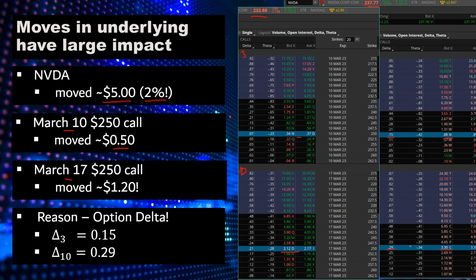So it was double. Delta tells us precisely that if the stock price moves up by $1, the option price will move up by 15 cents. And if the stock price moves down by $1, the call option will move down 15 cents.